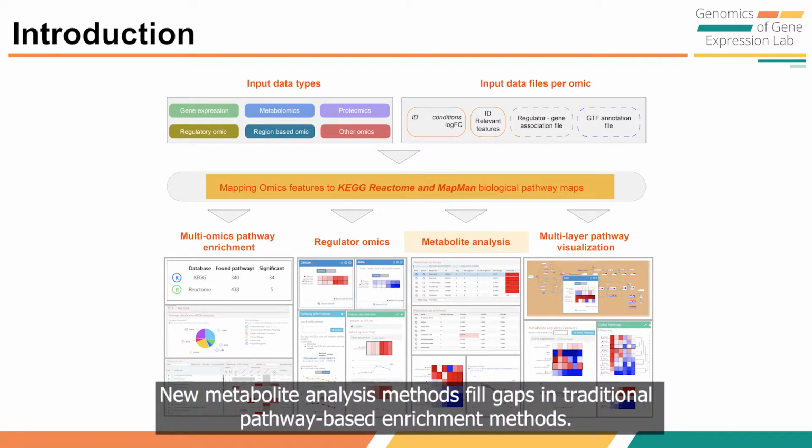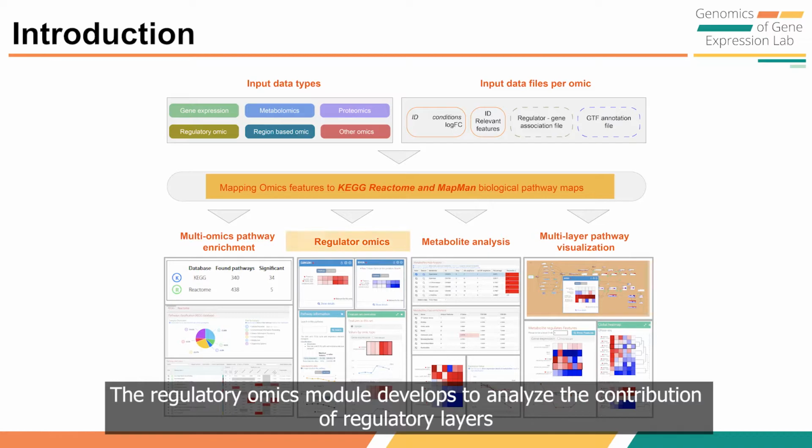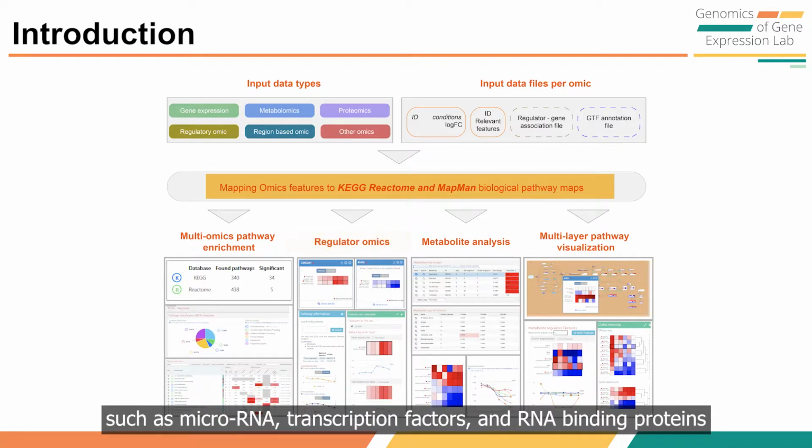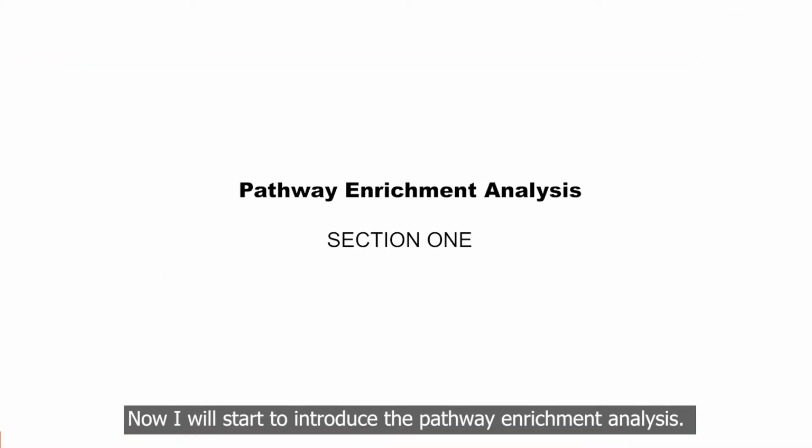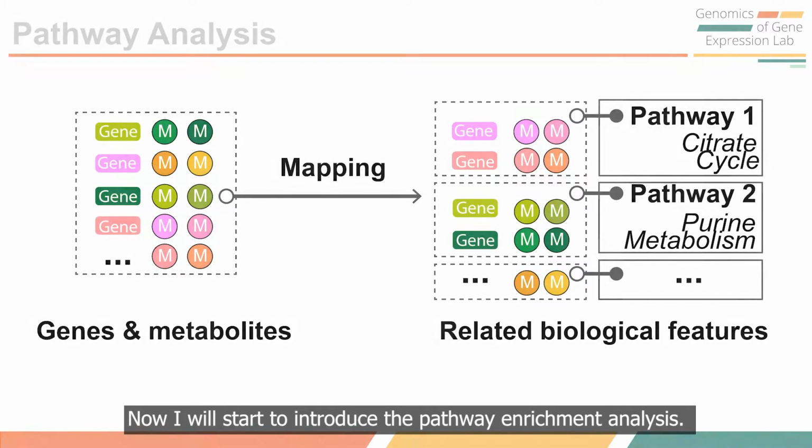New metabolite analysis methods fill gaps in traditional pathway-based enrichment methods. The regulatory omics module is developed to analyze the contribution of regulatory layers such as microRNA, transcription factors, and RNA-binding proteins to regulate pathways. Now I will start to introduce the pathway enrichment analysis.